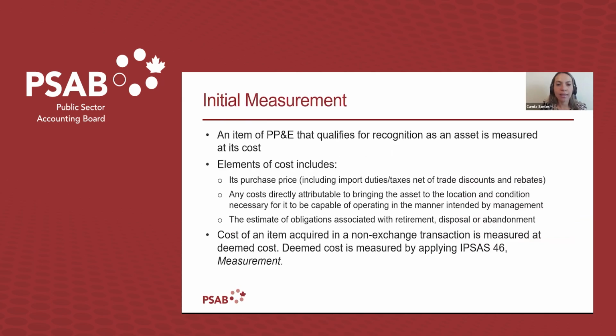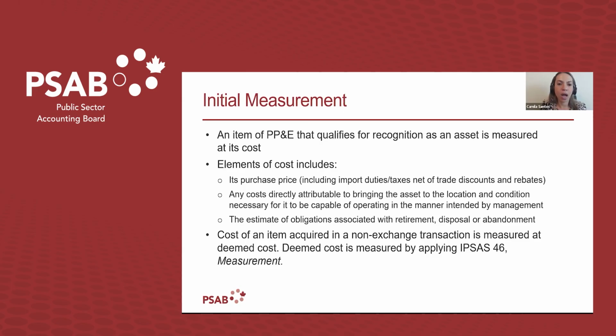Now, let's discuss how property, plant, and equipment is measured when initially recognized as an asset. An item of property, plant, and equipment that qualifies for recognition should be measured at its cost, which is typically the cash price equivalent. Elements of the cost for PP&E include purchase price, including import duties and non-refundable taxes, net of trade discounts and rebates.